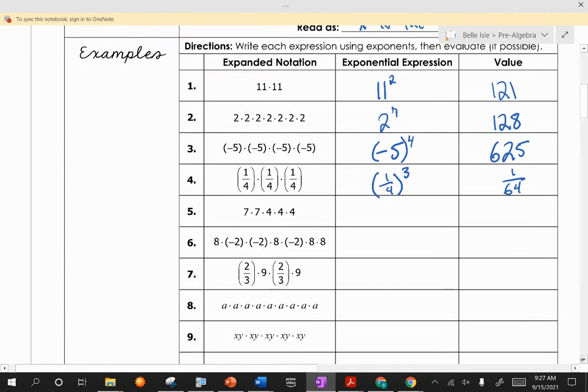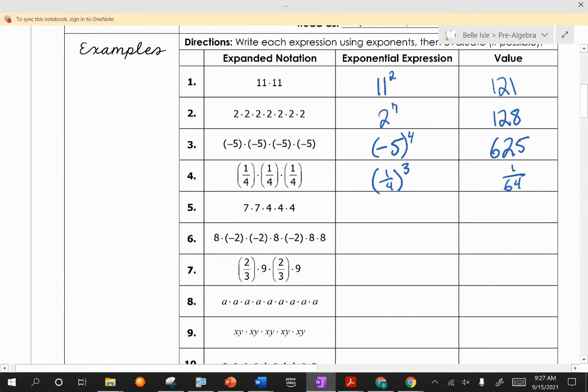So let's do number 5. We've got 7 times 7, so that's going to be what? 7 squared, or 7 to the second, times how many powers of 4? 3. So we're going to go 4 to the third, or cubed. And so you're going to do 7 squared, which is, you should be able to do this one. 49.